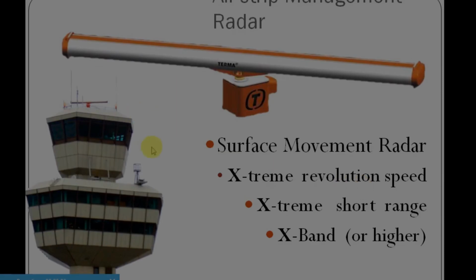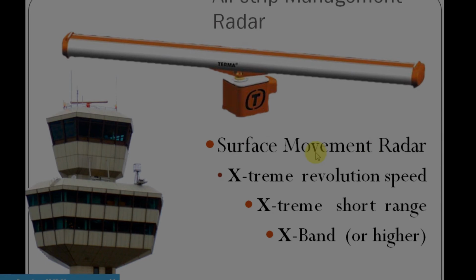Okay, and if you see any Mumbai or any international airport, mostly there is a building called the ATC, Air Traffic Control. On that traffic control, you might see this kind of radar. This kind of radar is basically a surface movement radar, made for airstrip management, because at a time there are so many aircraft moving on the surface of the airstrips.